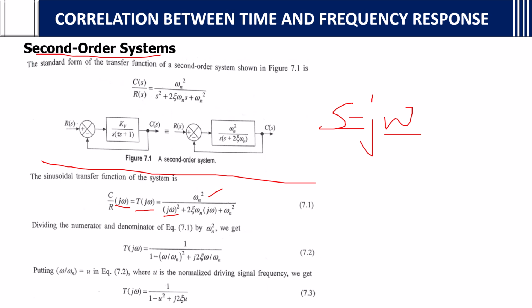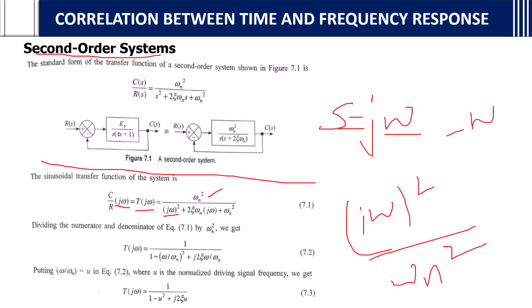Then divide the numerator and denominator of equation 7.1 by omega n square. The (j omega) square by omega n square gives j square equals minus 1, so minus (omega by omega n) whole square.